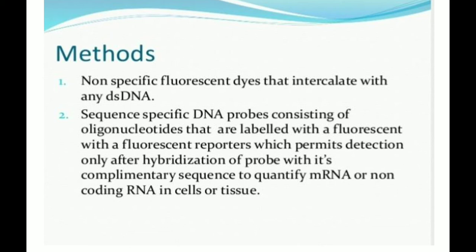We'll see the methods in detail. The second is sequence specific DNA probes, consisting of oligonucleotides labeled with fluorescent reporters. Fluorescent means color, right? This permits detection only after hybridization of a probe with its complementary sequence, to quantify mRNA or non-coding RNA in cells or tissues. So these are the two methods in qPCR.